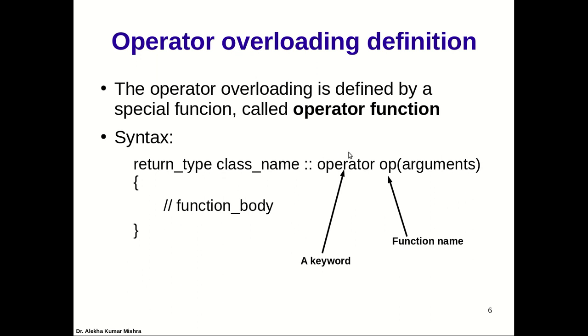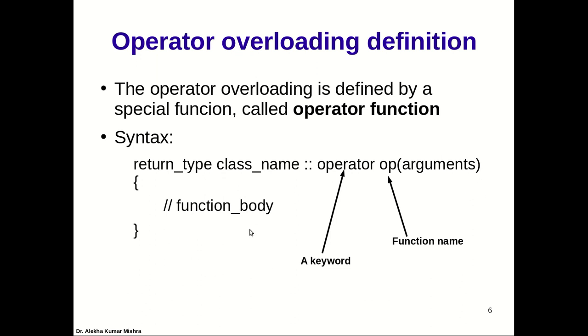When you use the keyword operator, the compiler automatically understands this is an operator function. If it is defined within a class, it's a member function. Then OP, the function name, is the operator that we are going to overload. So here instead of OP we will mention plus or minus, or let's say ampersand, whatever operator we are going to overload. Then the arguments, just like a function.